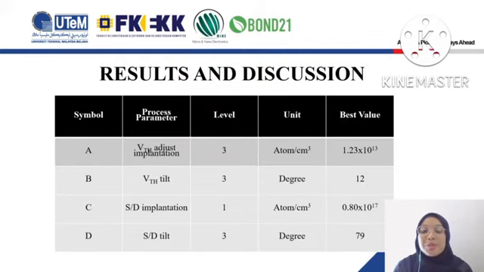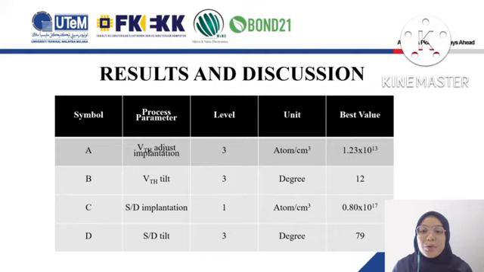Next, the table shows the best setting parameter for each process parameter. For symbol A, which is VTH adjust implantation, the best value is 1.23 times 10 to the power of 13, which is under level 3. For process parameter B, which is VTH tilt angle, the best value is 12, which is under level 3.